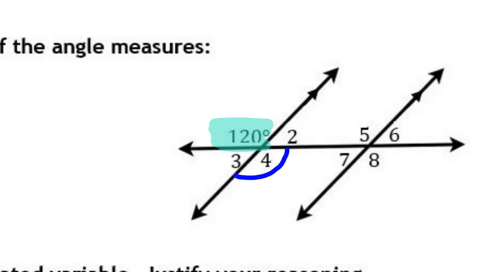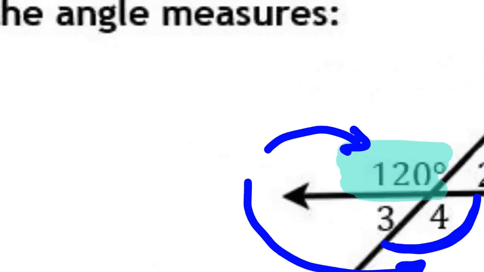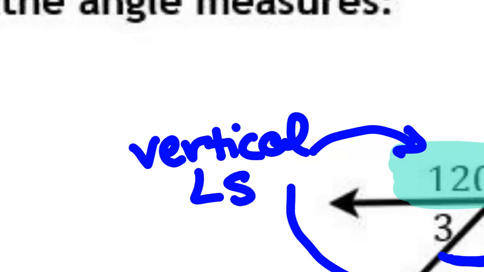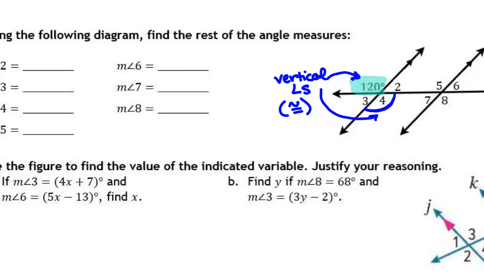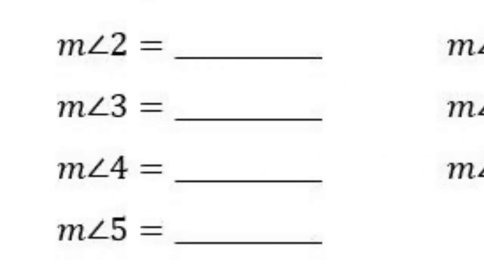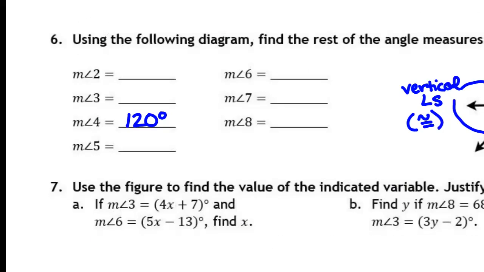What's the relationship between this angle and this angle? They're vertical angles. And vertical angles are always congruent. So angle 4 is 120 degrees.